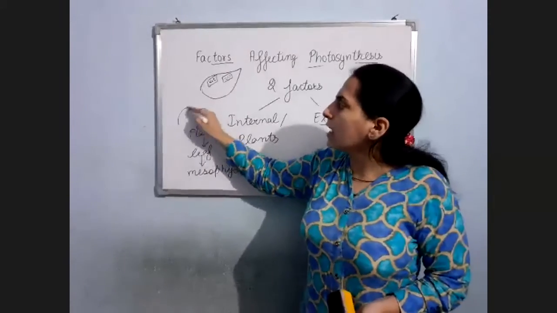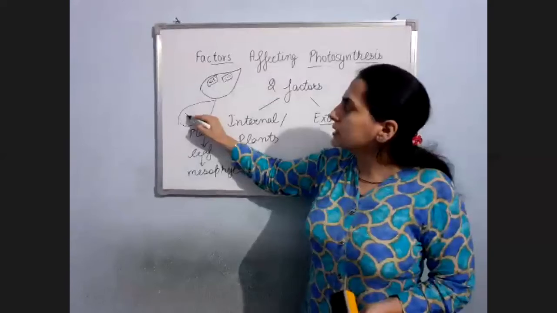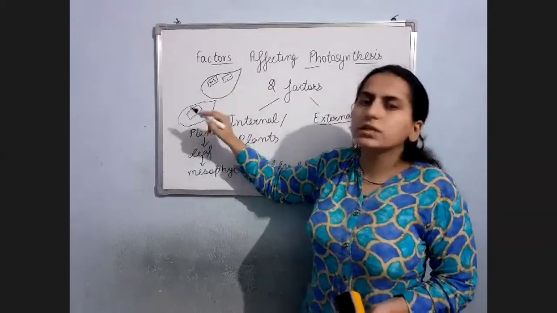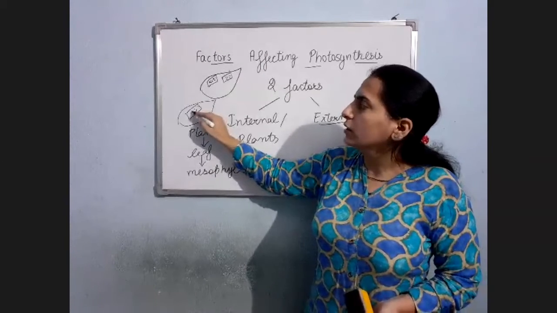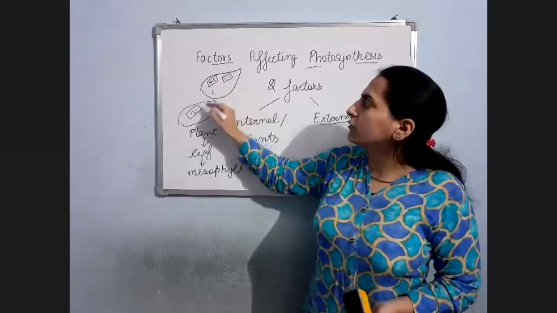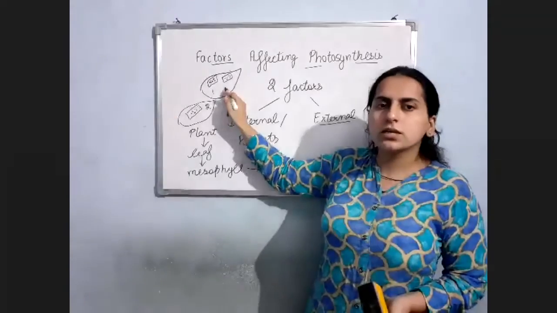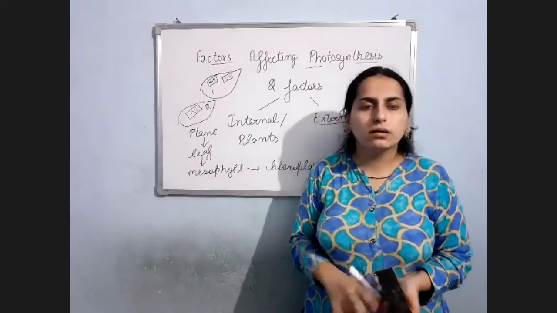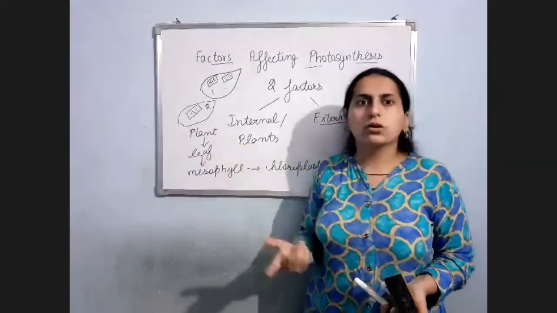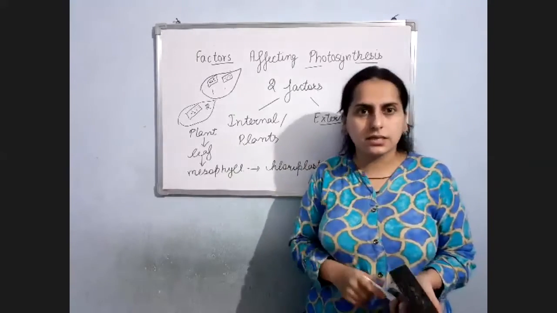And here I have the second leaf of the same size. But in this leaf, in the mesophyll cell, we have 20 chloroplasts. So can you tell me in which leaf the photosynthesis would be more? The leaf having 10 chloroplasts or the leaf having 20 chloroplasts? Your answer would be second leaf. So here comes the second factor, number of the chloroplast. Am I clear?